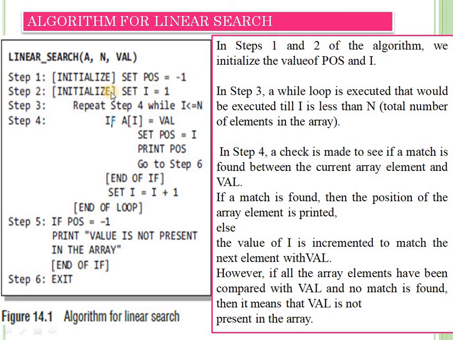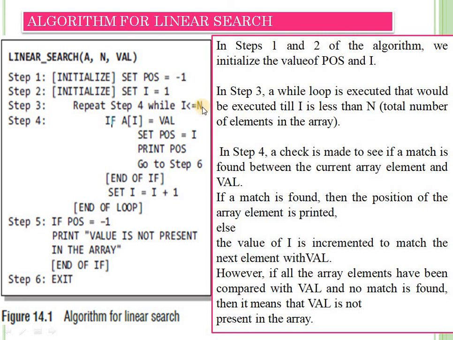Second step, initialize, set I equal to 1. This is for iteration. We are using a loop here. So what we do, we need an I variable, and at the start we assign I to the first element. I is 1. Now step 3, repeat the step while I is less than or equal to n.